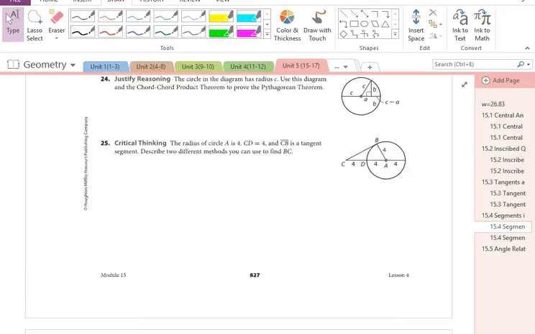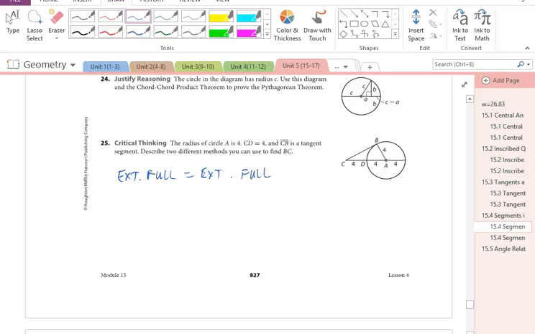Okay, number 25. All the radii are 4. Describe 2 different methods you can use to find BC. Okay, so to find BC, you could use the relationship that we talked about. External times full length equals external times full length.